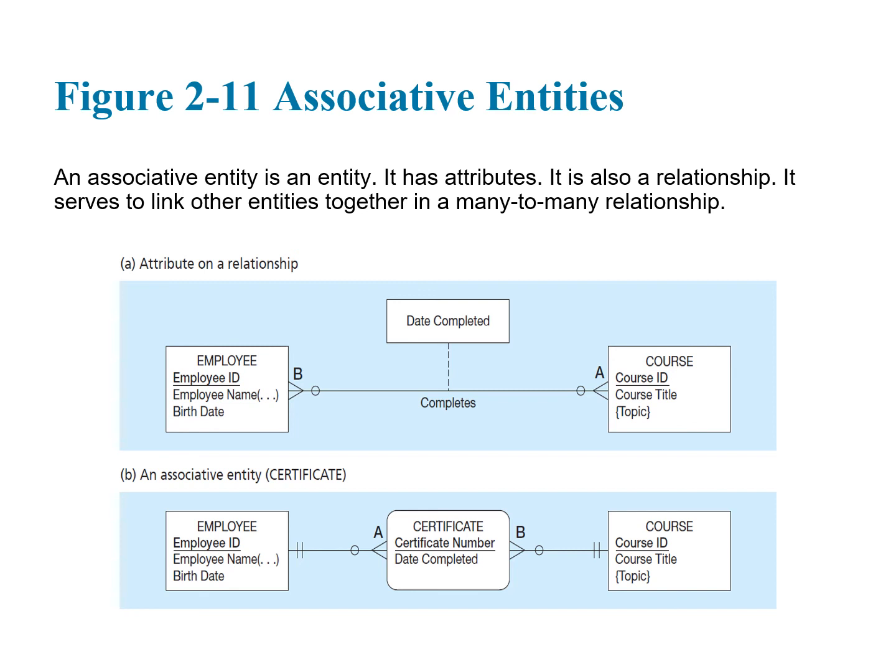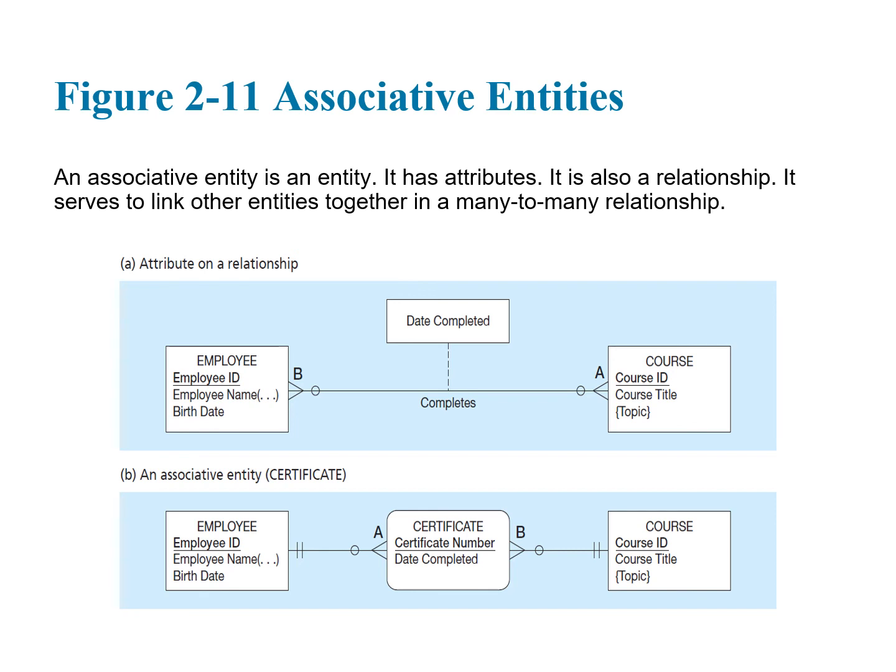You can see there are employee, complete, course, and we need the attribute date complete, and then we can change it to an associative entity. Employee has certificate, the certificate number, and then date complete. So the certificate number is the identifier.